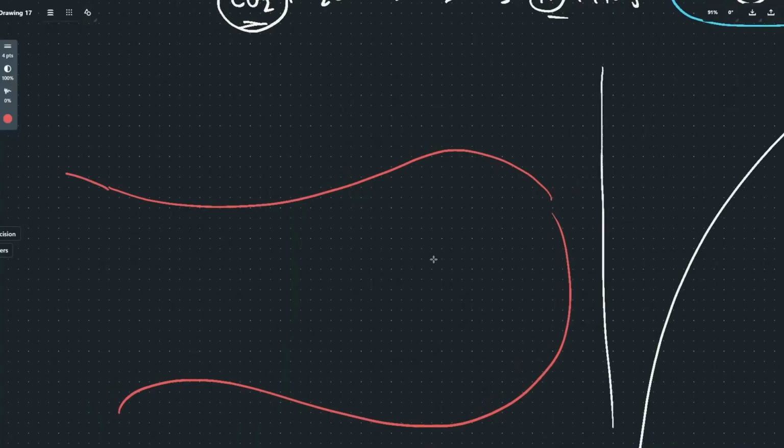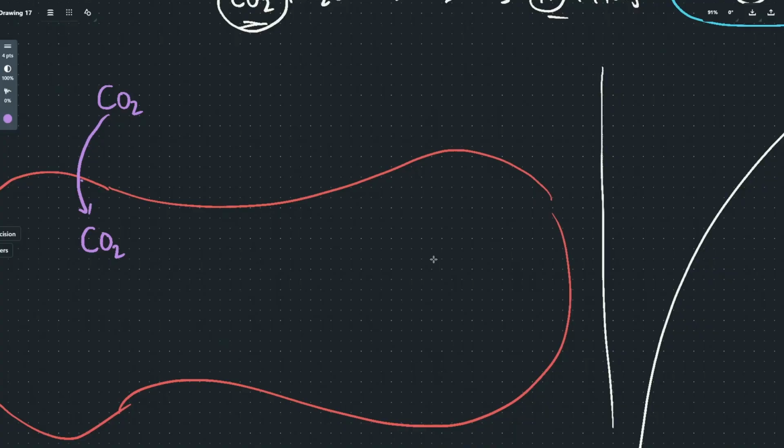CO2 is a relatively small molecule. It can cross the cell membrane and come inside the red blood cell. Here it can do two things, and it actually does two things.